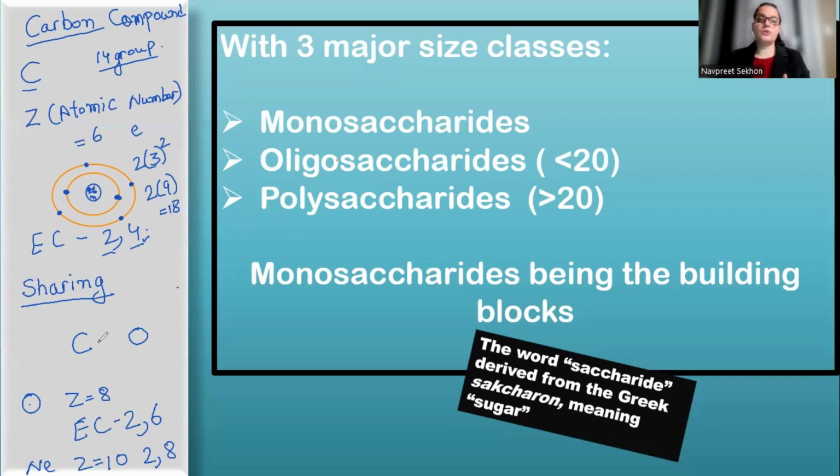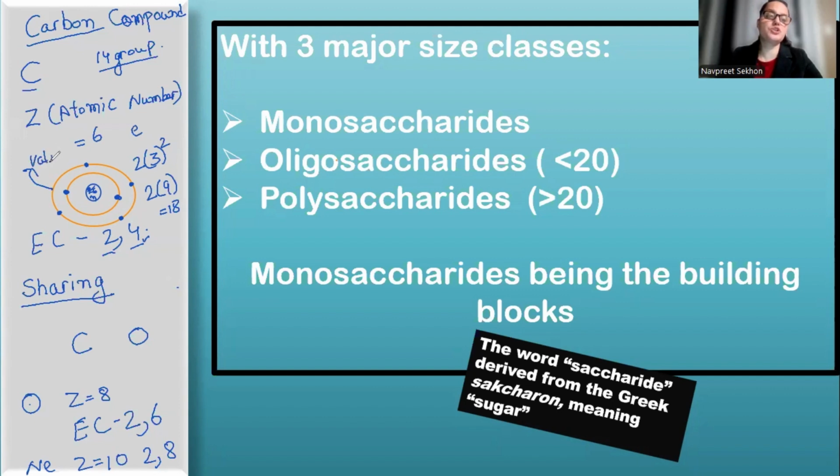Now, here I'm going to draw the Lewis structure. What we do in the Lewis structure is draw the valence electrons. Now, what are the valence electrons? Valence electrons are the electrons in the outermost shell of the atom. So here the second shell is the outermost shell for carbon, right? So this is the valence shell.